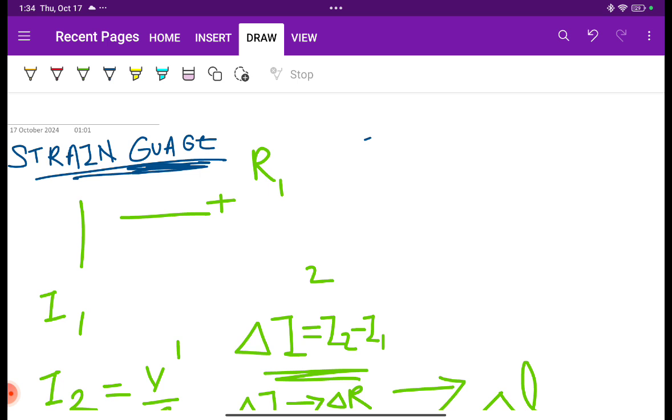Now how it's used is you place it on the surface where the external load is acting, and then you will find the strain at theta A, at theta B, and at theta C from the strain gauge itself.